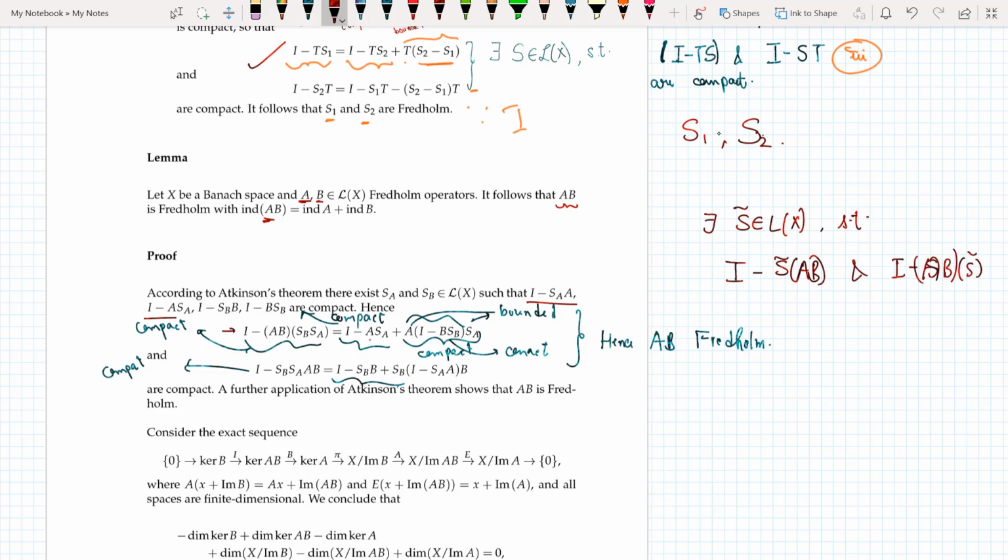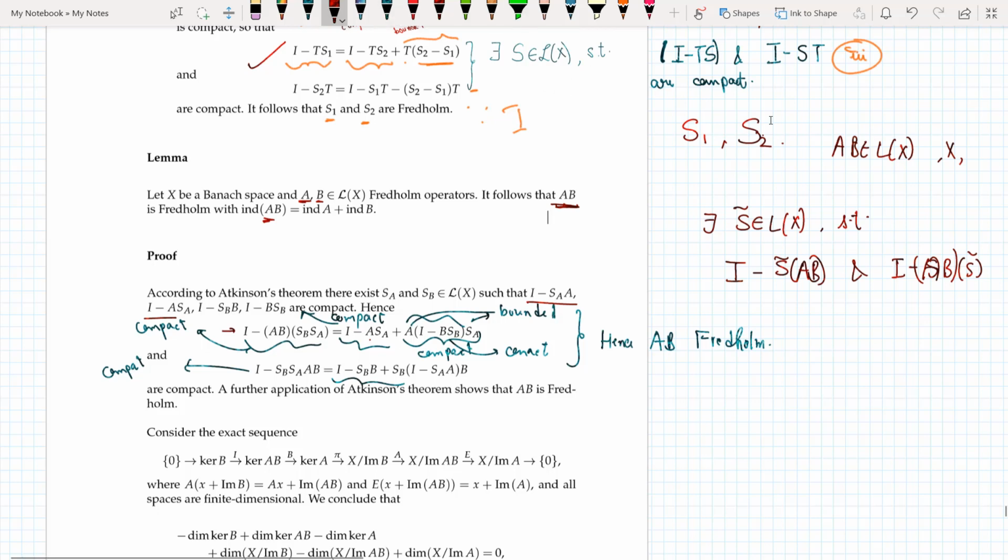So if this is the case and AB belongs to the space of bounded operators and X is a Banach space, then I can say that okay, AB is Fredholm. But that's the same case that happened here. So I say that this is compact because this quantity is compact. So indeed that S tilde in our case is SBSA, and I can say that again, AB is Fredholm.